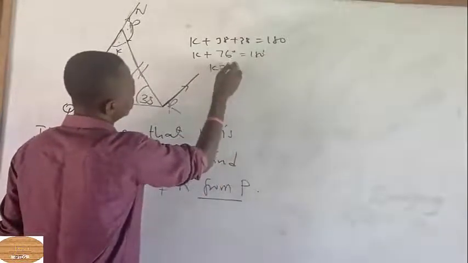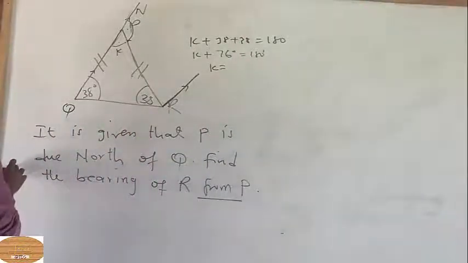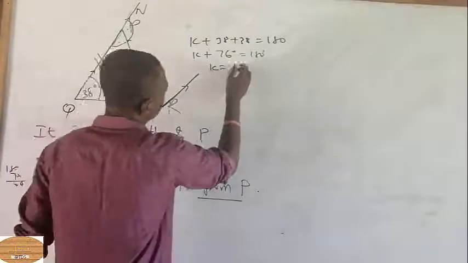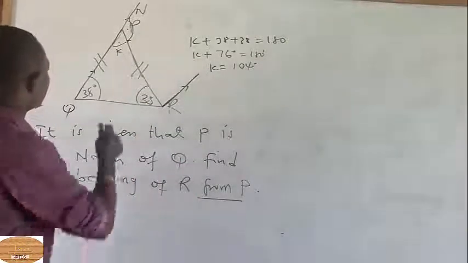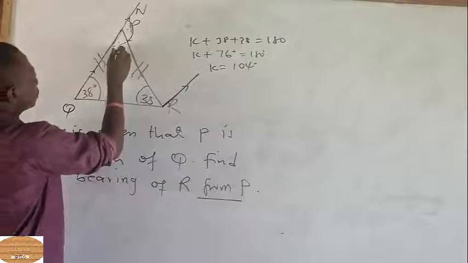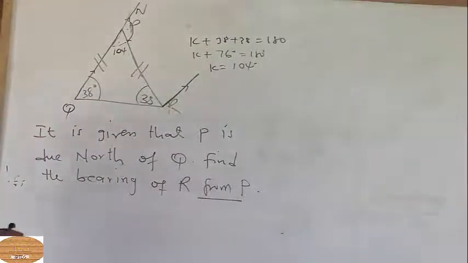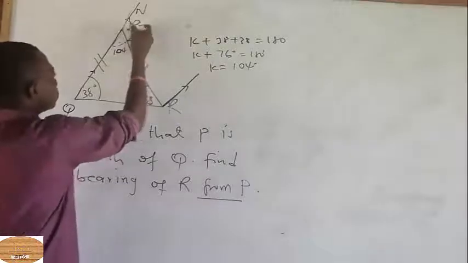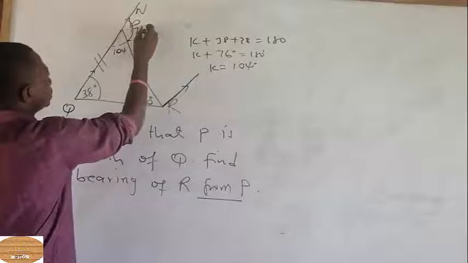So K is straight away 180 minus 76, which is 104 degrees. Now, we know this side is 104. So this side will be 180 minus this one, so it is 76 degrees.